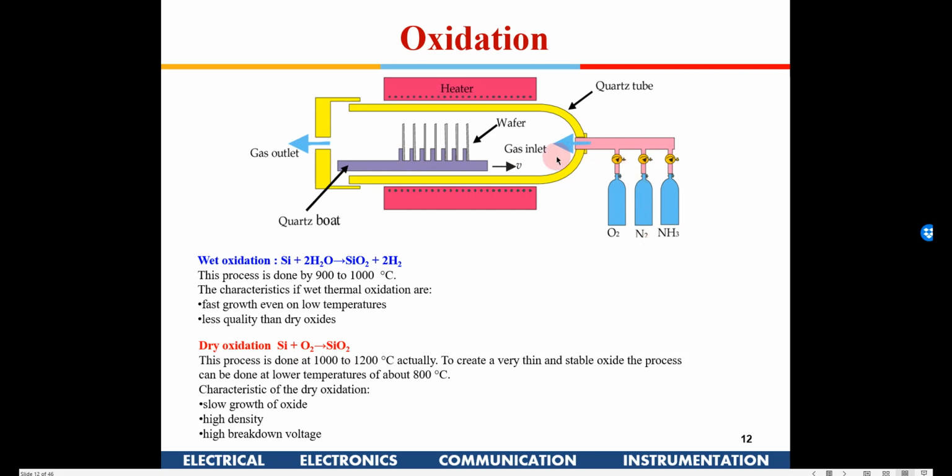If you are passing dry oxygen, then it is known as dry oxidation. For dry oxidation, you require higher temperatures, and it takes more time for silicon and oxygen to react, so it is a slightly more time consuming process. The growth of the oxide is slow, but it is grown with fewer imperfections, and that is the reason why it has higher breakdown voltages.